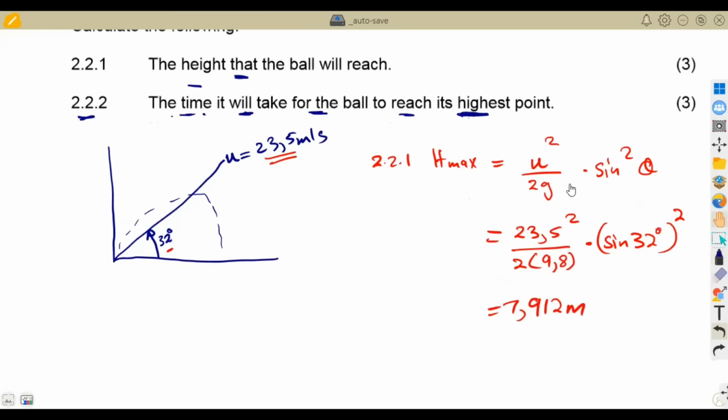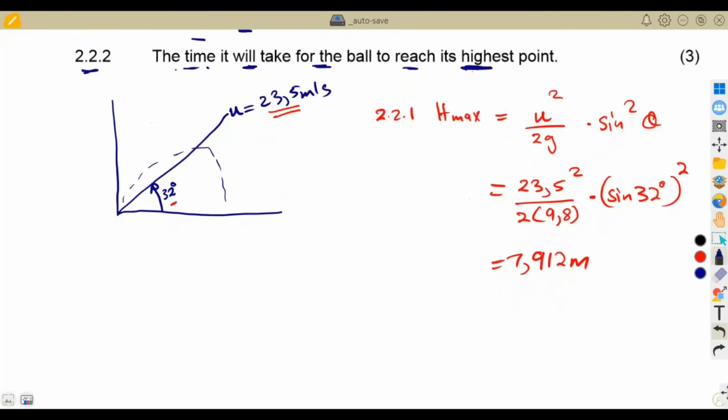All right, remember on the formulas that I listed, I said at the maximum height, we can obtain the time there. At the maximum height, time is equal to V minus Vy over g, whereby V is the final velocity, which is taken as 0 meters per second. And this Vy is equal to u sine theta, if you still remember, and our g is taken as a negative. So we have to find an expression for Vy, but we know that Vy is u sine theta, so we can just substitute as it is.